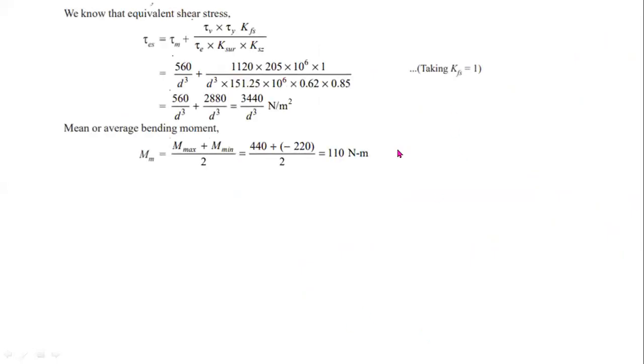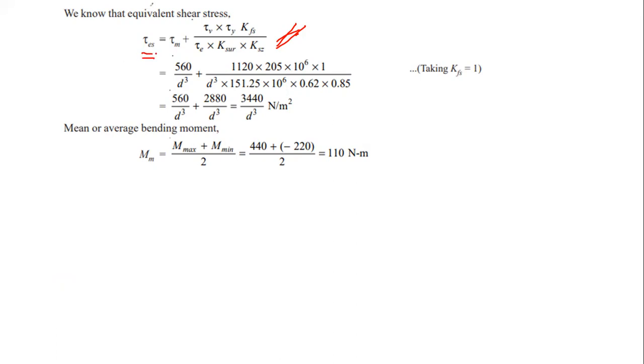Now, from the equivalent shear stress formula, we already know the formula. Substitute all these values in this equation, and we get the value of diameter. Here you have to find the value of equivalent shear stress.